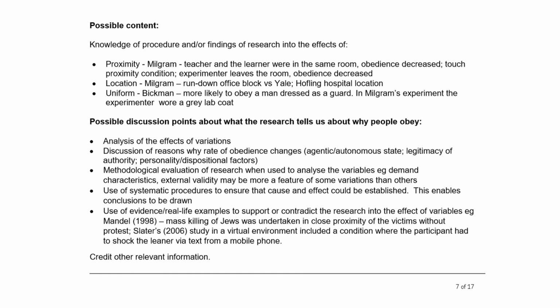But looking at the mark scheme, it suggests other alternatives that you can bring in. So in this case, it talks about the Hofling example, and even Bickman. So we use this as an AO3, but you can always turn it into an AO1 by just stating what they did and what they found, as opposed to evaluating it by calling it a strength.